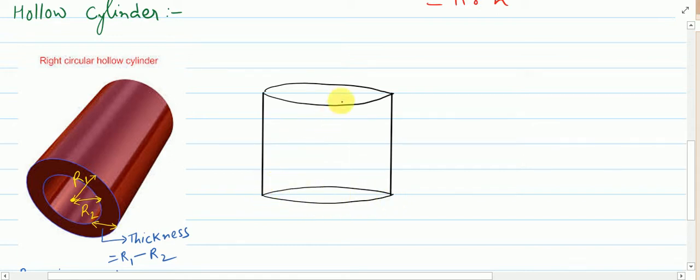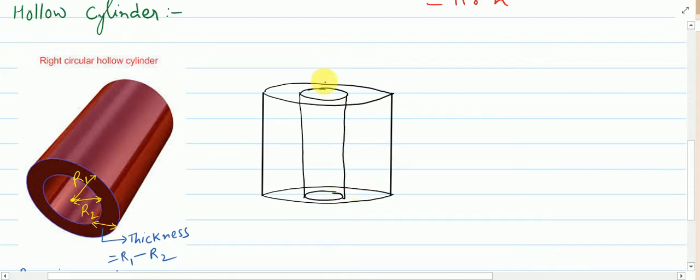So right now it's only a solid cylinder, but when I draw it like this, now you can make out that this is a hollow cylinder.